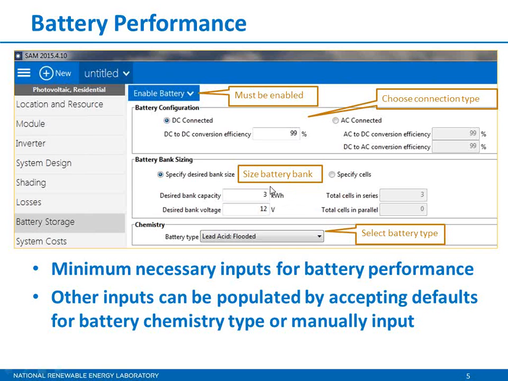Then you enter the desired bank capacity and voltage, or you can manually specify the cells that you have in series or parallel. And these are the minimum inputs to get started.